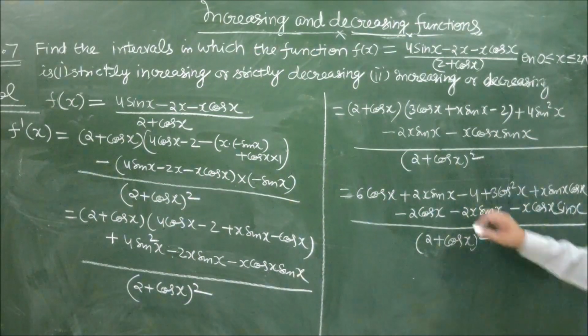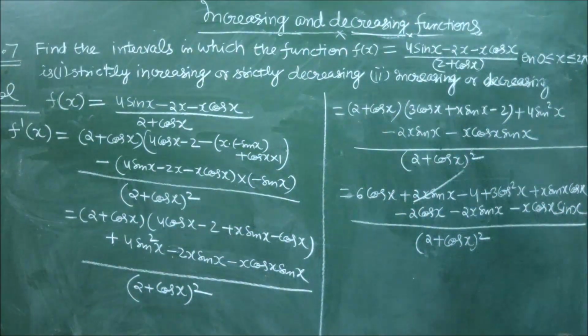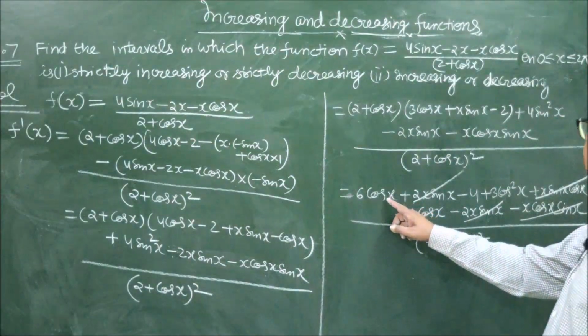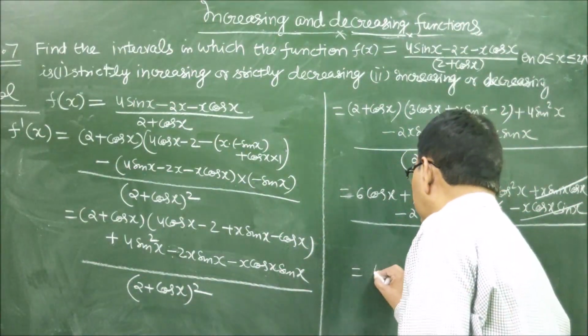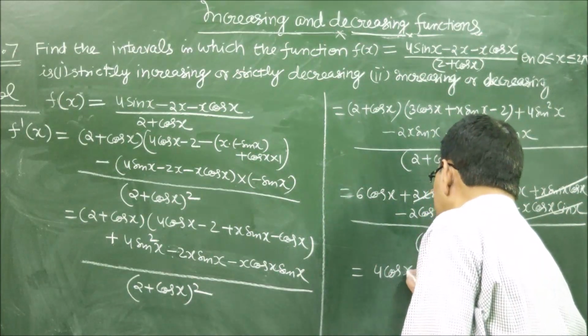Now 2x sin x and 2x sin x cancel, and x sin x cos x and x sin x cos x cancel. 6 cos x minus 2 cos x is equal to 4 cos x.